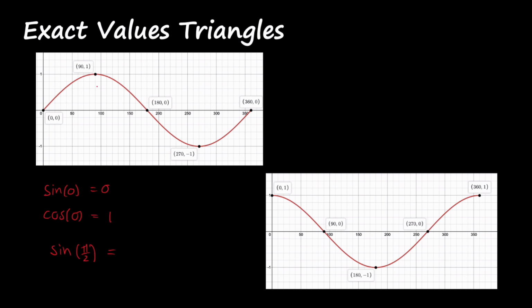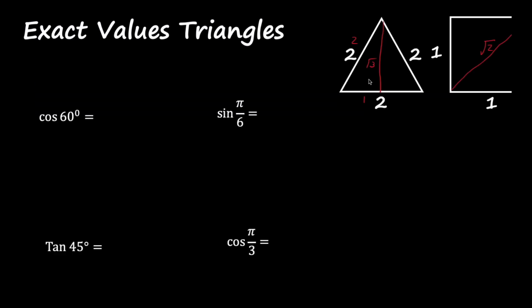I know that 90 degrees is the maximum, so that's going to be 1. You could also think about the radians here: that's pi, that's pi over 2, that'll be 3 pi over 2, and that'll be 2 pi. You'll get used to them the more you use them, but for now it might seem a little bit foreign. Anyway, let's do some examples.